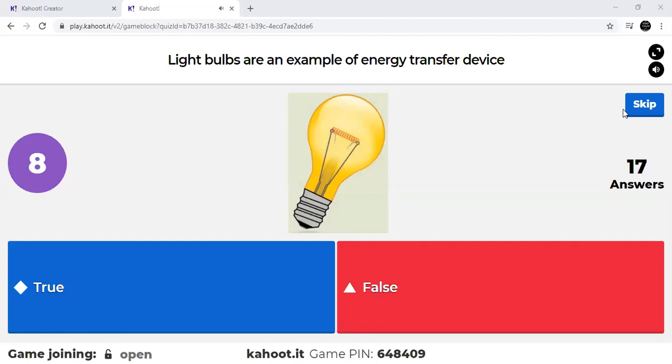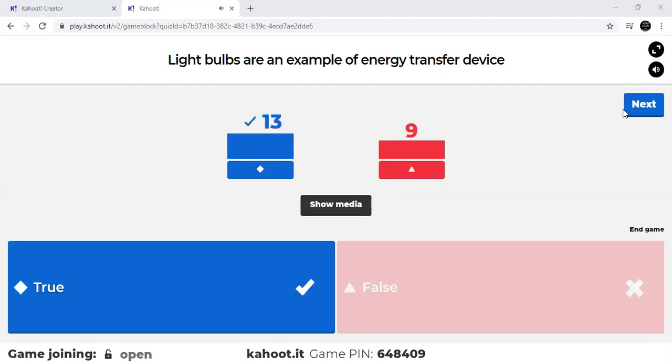Five, 4, 3, 2, 1. You guys said false. It's true. Remember we said that in a light bulb, it is changing the electrical energy to give us light energy. Or heat also, heat as well.